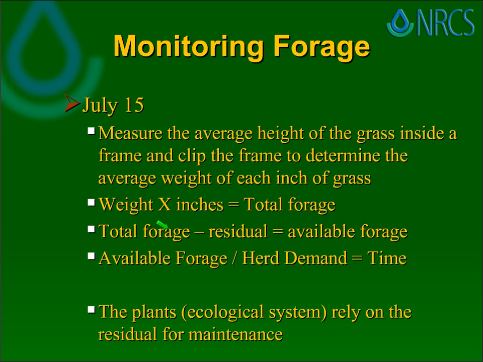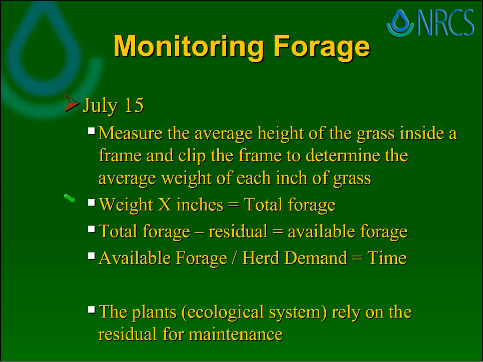And then your total forage minus whatever residual you need to leave in the pasture for the plants equals your available forage. That available forage divided by the herd demand equals time. And that's essentially what you're doing, is figuring out how many bites or bales of hay are in the pasture by using this Robel pole, okay?